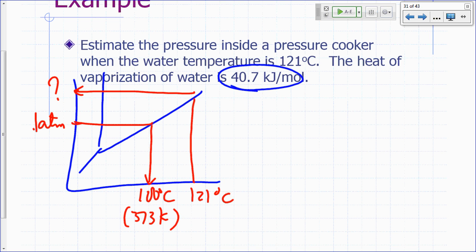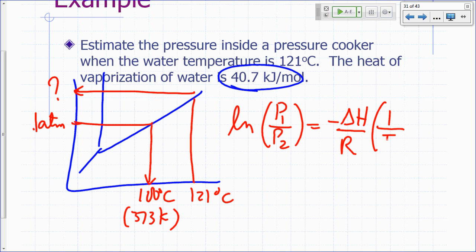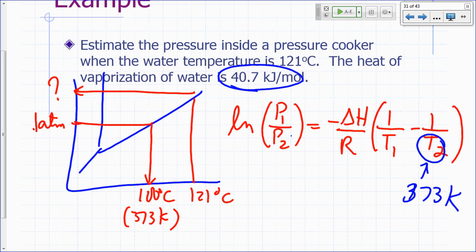So, how would we solve for this? We say ln of P1 over P2 equals negative delta H of vaporization over R, 1 over T1 minus 1 over T2. Okay? So what numbers do I plug in here? I can say that when T2 is 373 Kelvin, my pressure is 1 atmosphere.